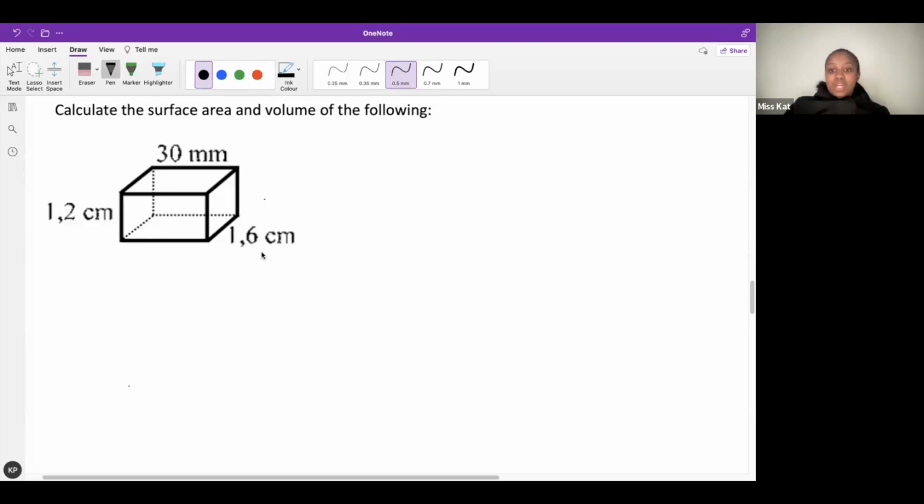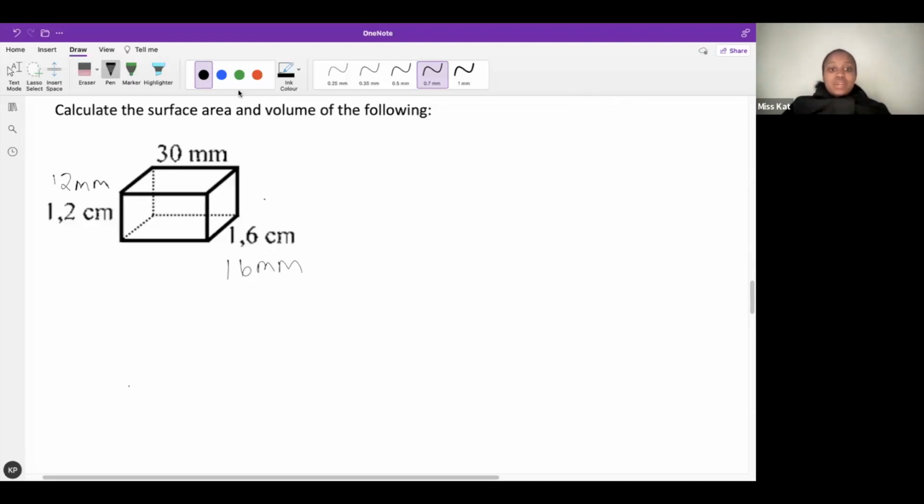For everyone who missed, thank you, Abu. This is 16 millimeters, and that is 12 millimeters. Okay, so I prefer to do this because then they're all whole numbers. Then we're not multiplying decimals and it becomes complicated.